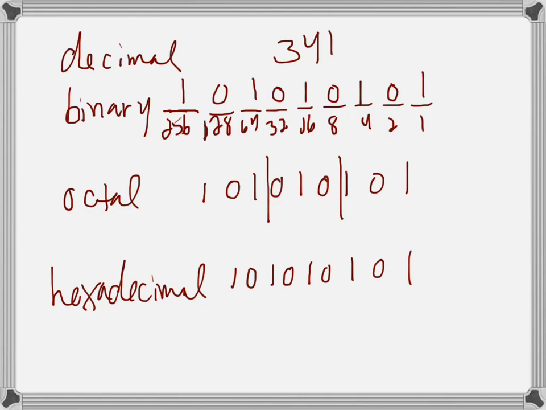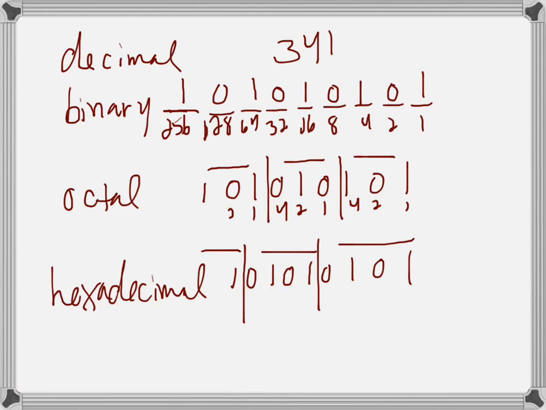And for hexadecimal, I'm going to divide it up into 4 bits. And so I'll be able to see what my digits are for each of these. Okay, so remember this is 1, 2, 4, 1, 2, 4, 1, 2, 4. And down here it'd be 1, 2, 4, 8, 1, 2, 4, 8, 1, so on.